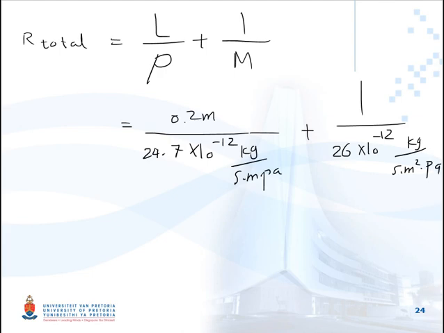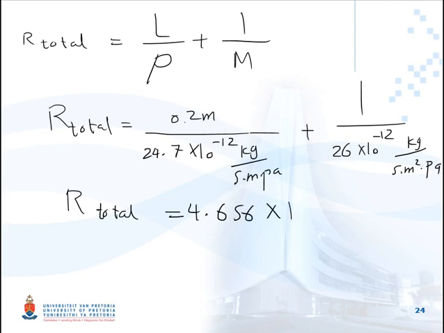So basically our R total can be found. R total is equal to 4.656 times 10 to the power of 10 meter squared second Pascal divided by kg.